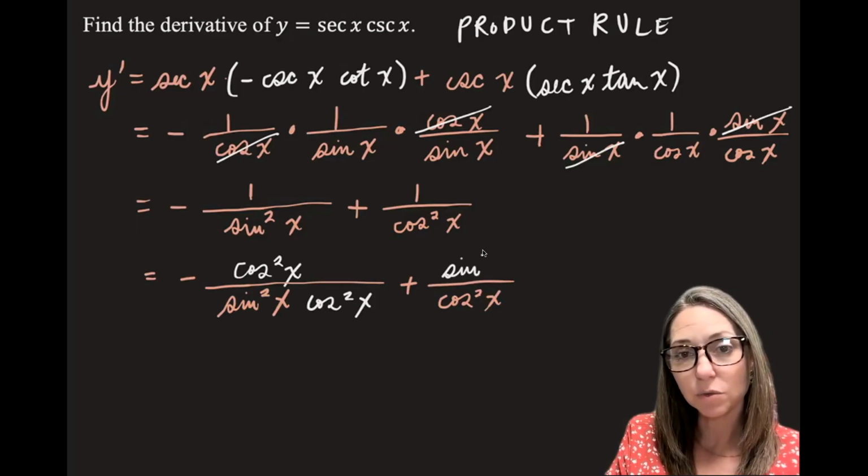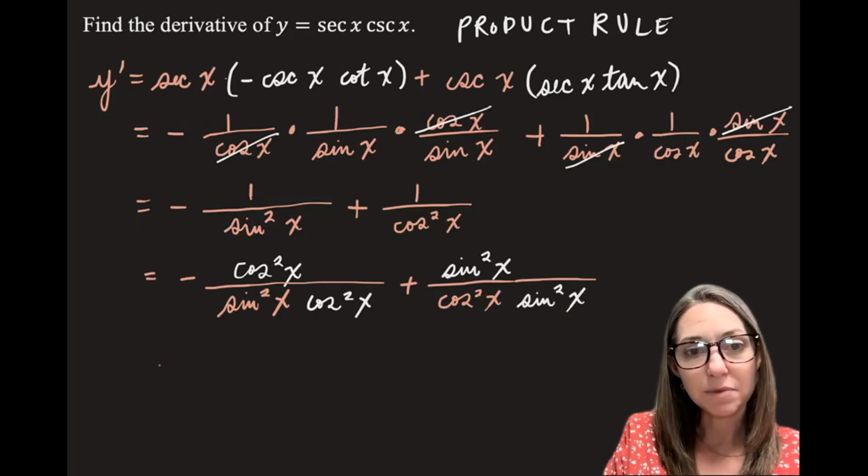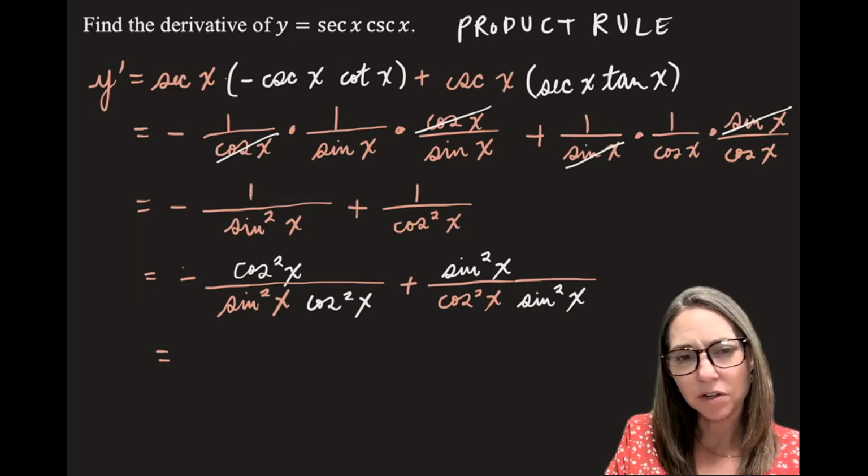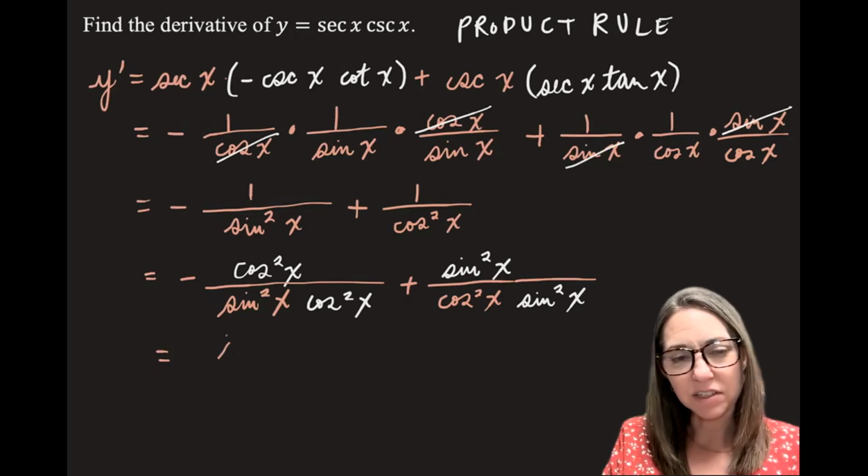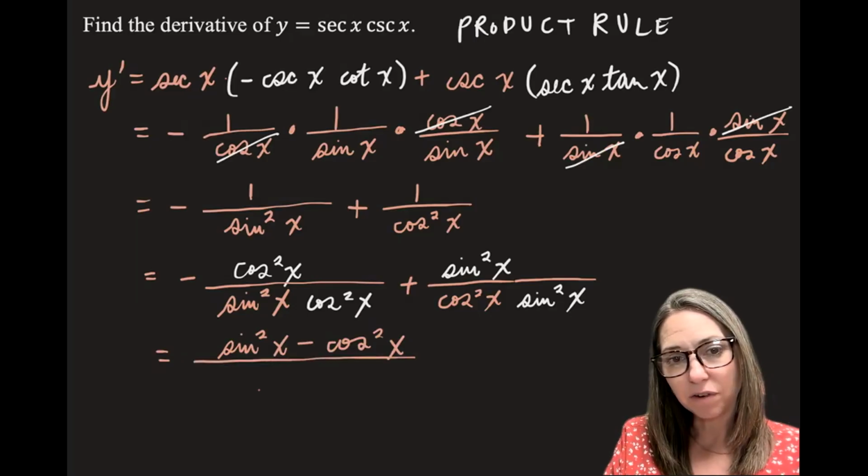So let's put a sine squared x in both that numerator and denominator. And we could add them together. So on the numerator, we'll have negative cosine squared x plus sine squared x. I'm going to reverse that and just call it sine squared minus cosine squared, all over sine squared times cosine squared.